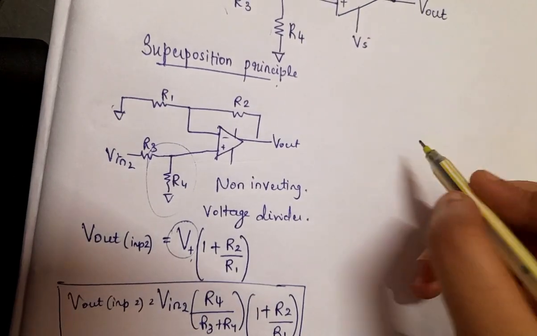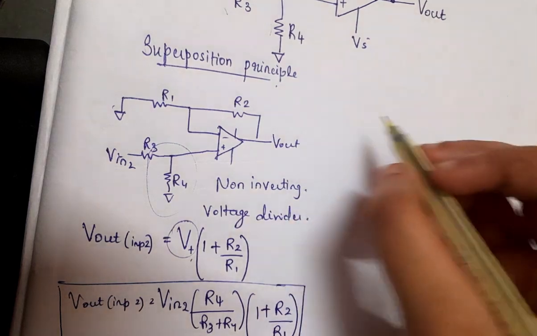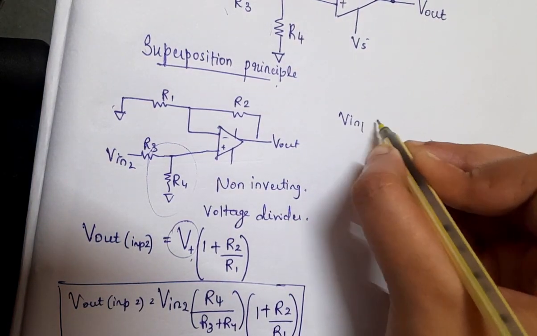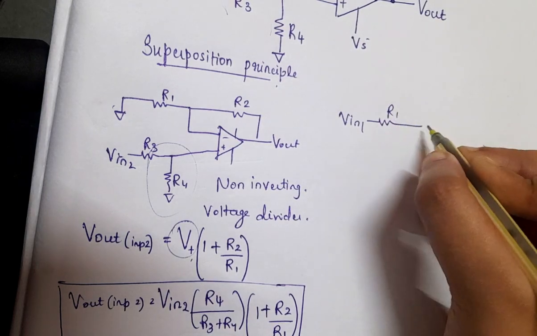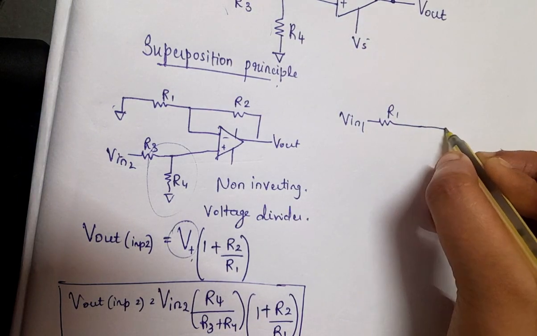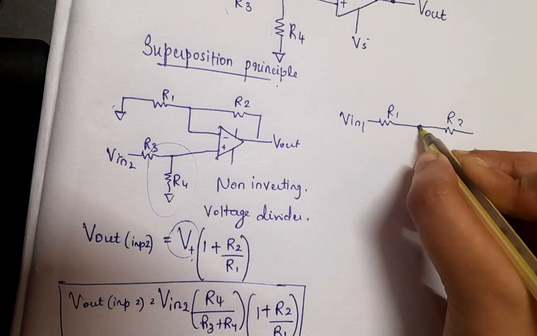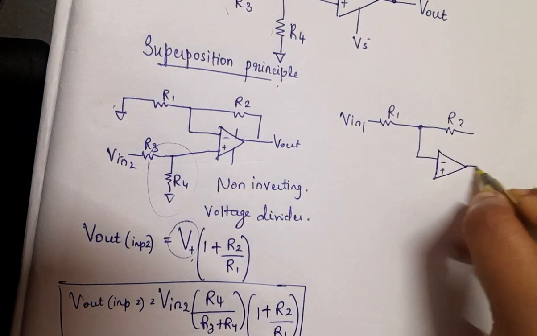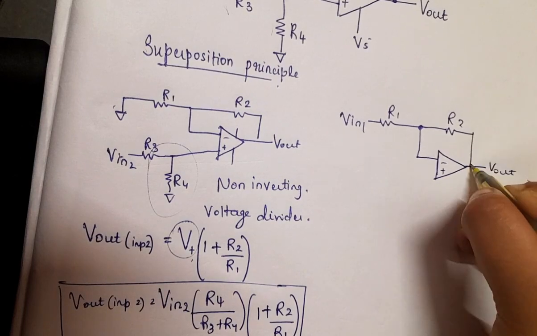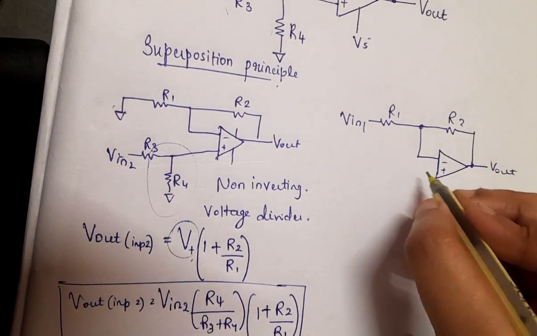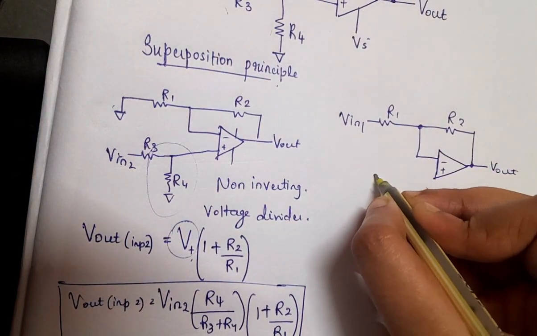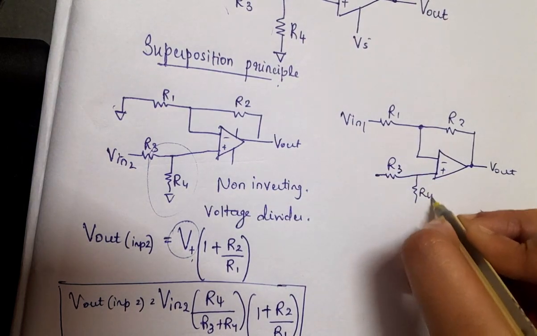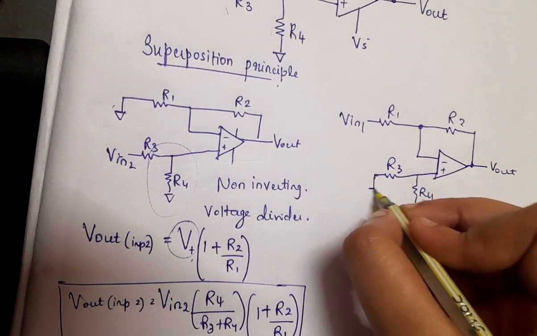Now the voltage source Vin1 should be considered, and I am redrawing the circuit, referring to my previous circuit. Now I am grounding Vin2 and redrawing the circuit. And here R3 and R4, this will be grounded.